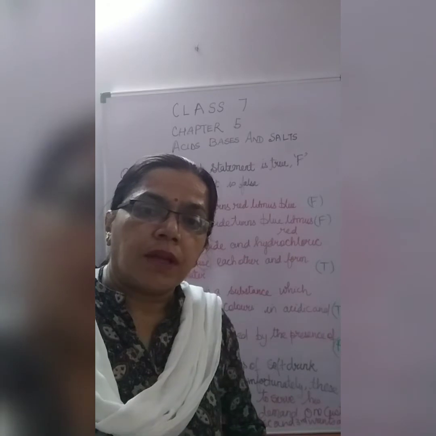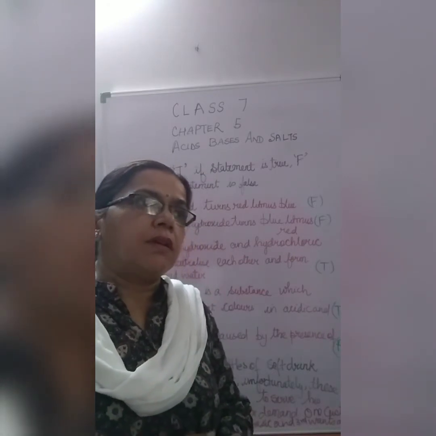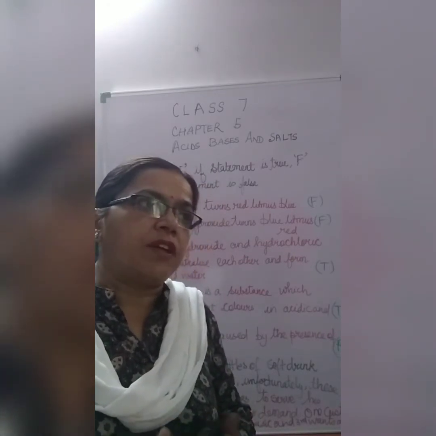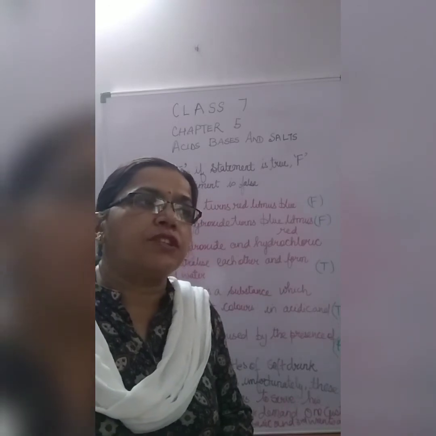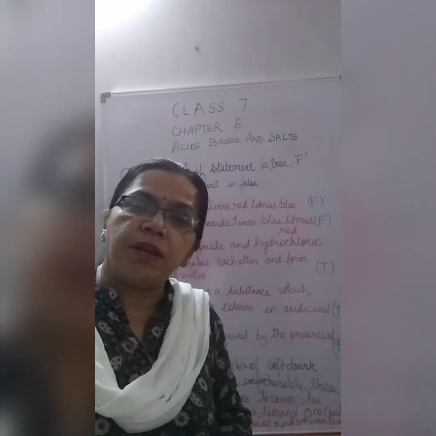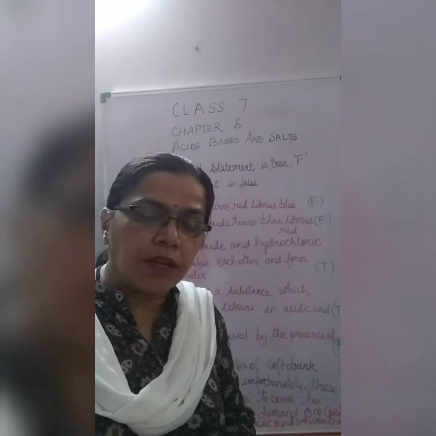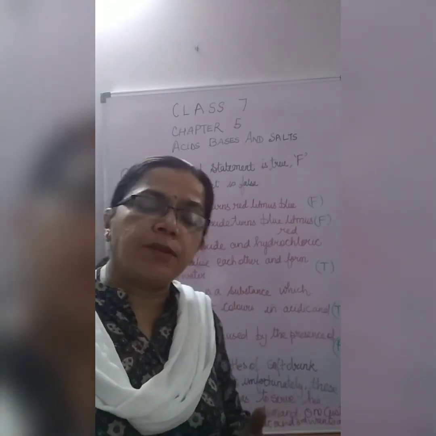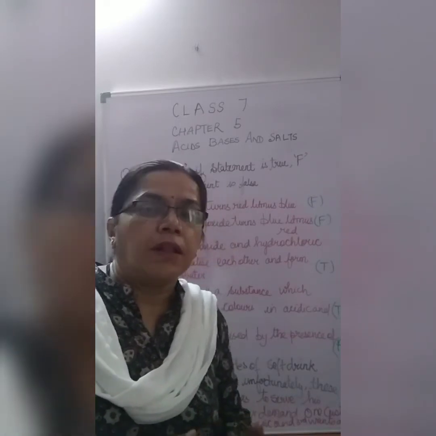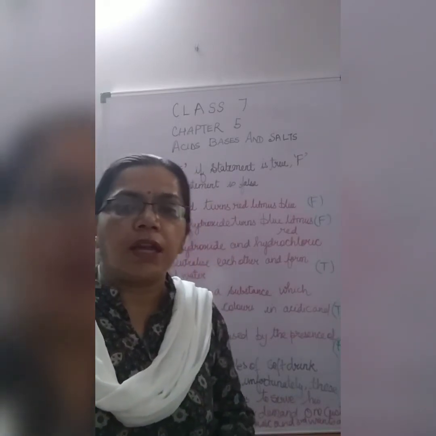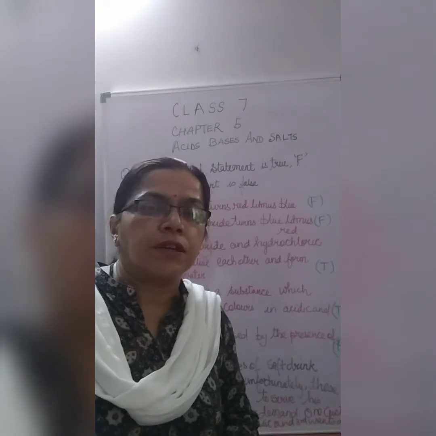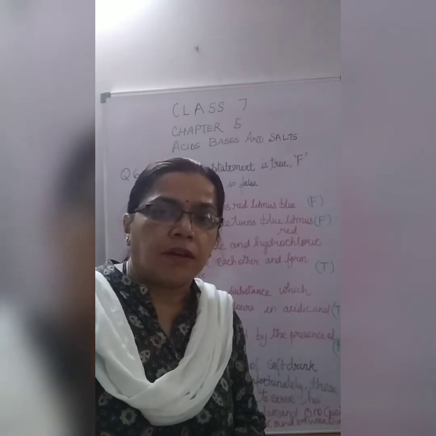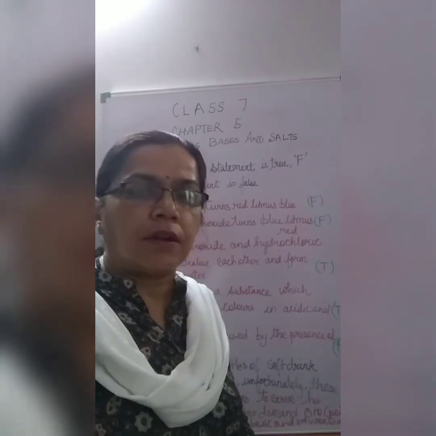Now the second one, he can use the litmus paper. If it changes from red to blue, then it will be a basic drink. However, if there is no change in either blue litmus paper or red litmus paper, then it will be neutral. So he can label likewise and he can serve the customer's drink, the right drink at the right place.